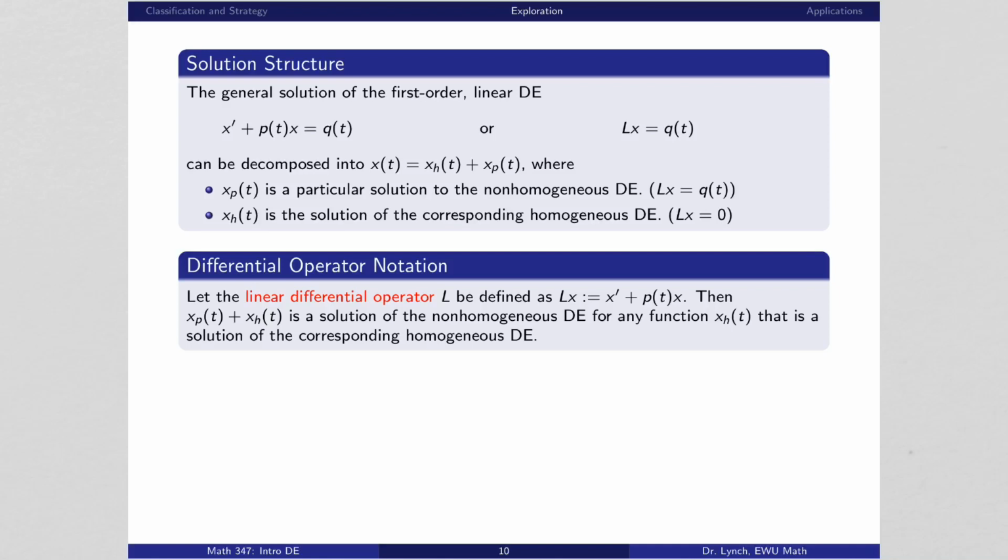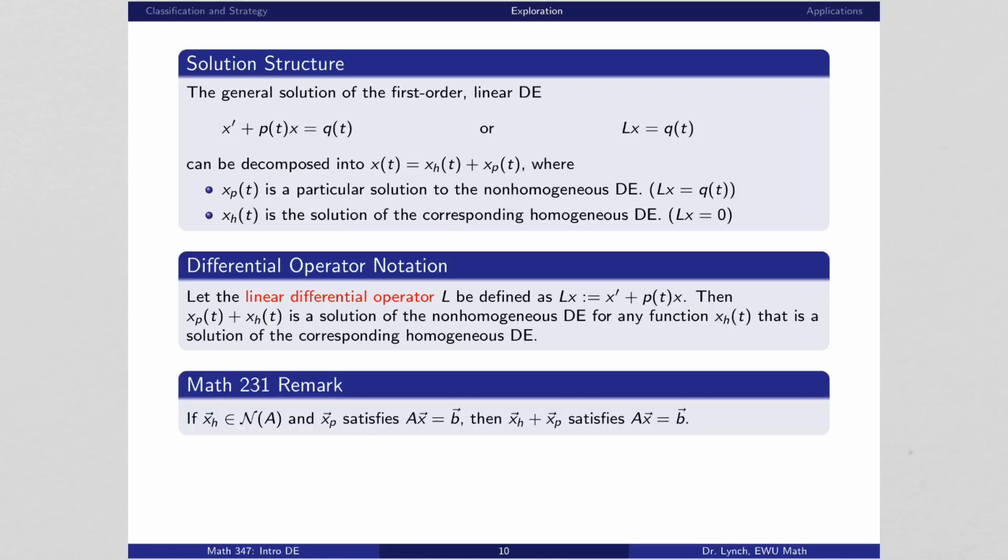So we can see that x p plus x h is a solution of the non-homogeneous differential equation for any x h that's a solution of the corresponding homogeneous differential equation. This is like something that we talked about in linear algebra also, namely that you can always add an element of the null space of a matrix to any particular solution and get another solution to the non-homogeneous system of linear equations.